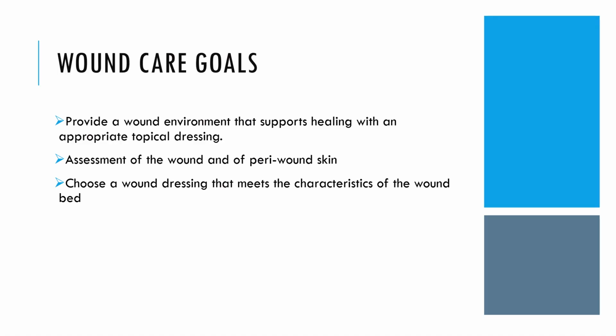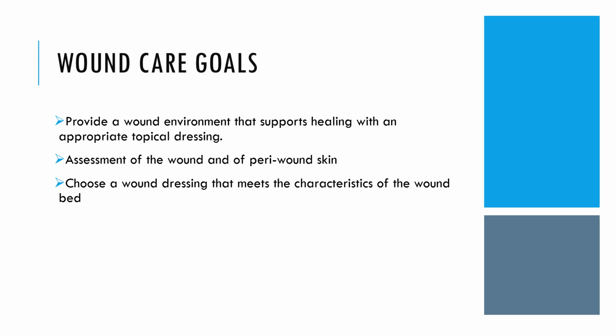So we need to do a wound dressing so we can provide a wound environment that supports healing with an appropriate topical dressing, which could be removing an infection or giving some hydration. We might need to do an assessment of the wound and of the peri-wound skin.